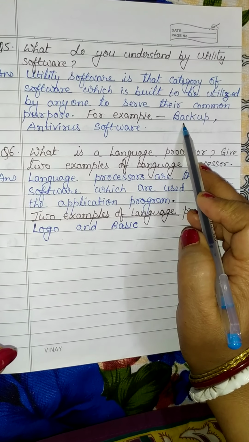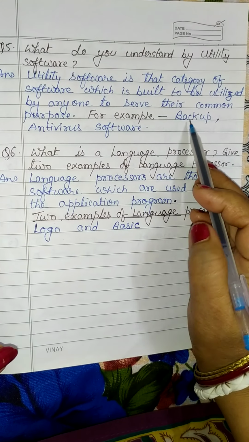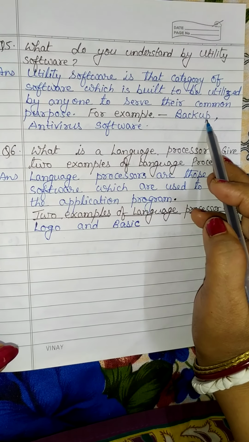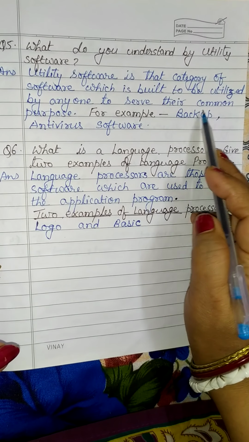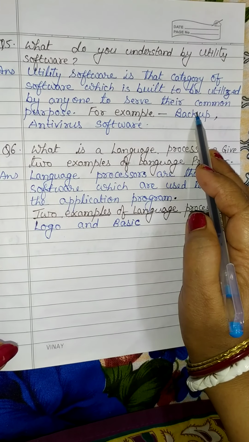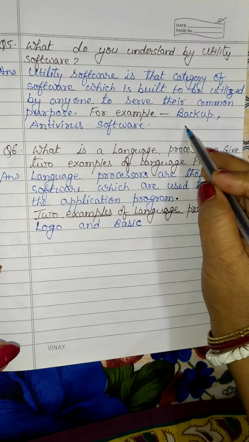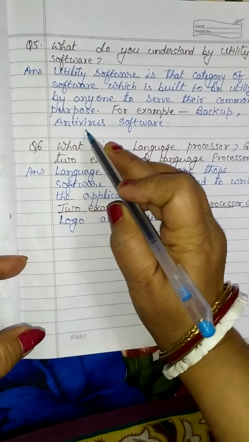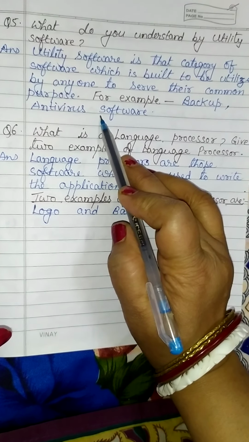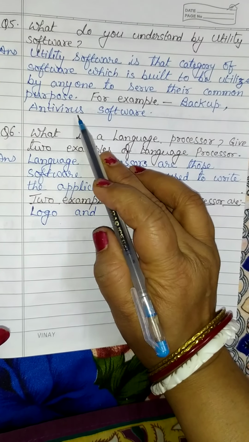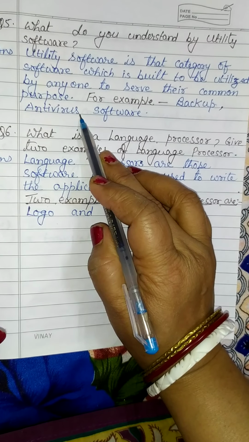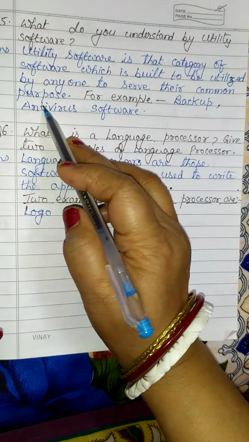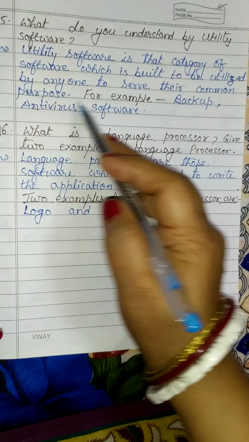Backup software is that software which, when you make a data, makes a duplicate of it and keeps it as a backup. If your original data is lost, then you can regain it from the backup software. In the same way, antivirus is that software which saves your computer from virus. So these are commonly used for their common purpose. So these are known as utility software.